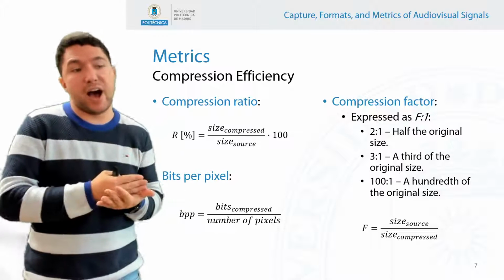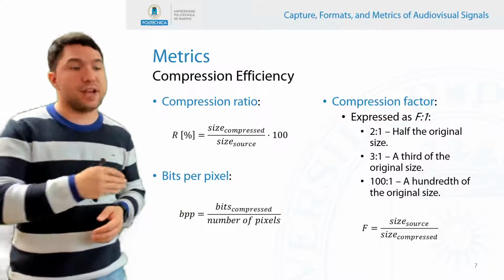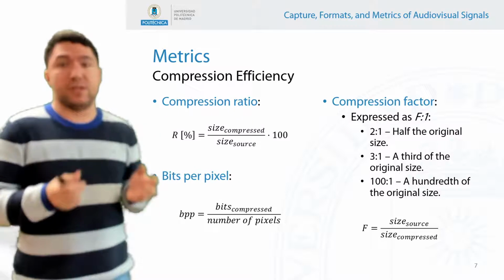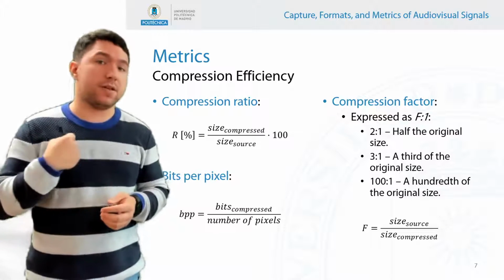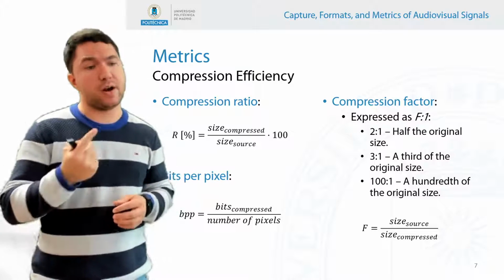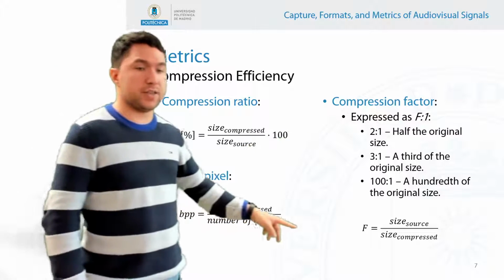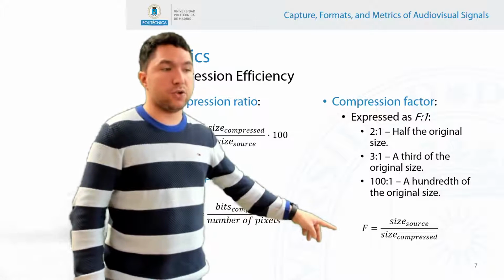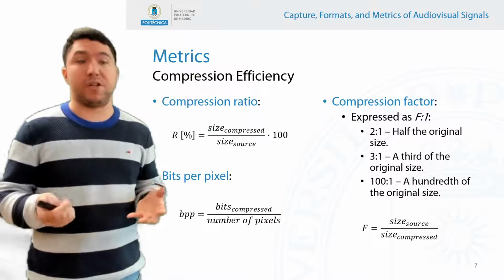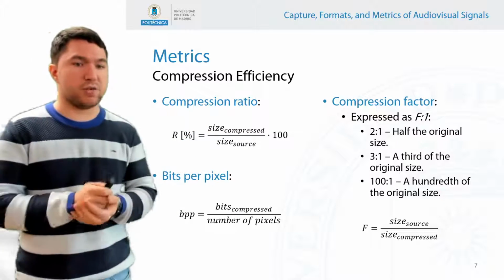It's actually half of the original size. 3 to 1 is a third of the original size. 10 to 1 is a tenth of the original size, which means that in the original one I needed 10 bits, and in the compressed one I only need 1. And to obtain the f, it's very simple. We just need to apply the size of the source divided by the size of the compressed file. It's more or less the opposite of what we have in the compression ratio.